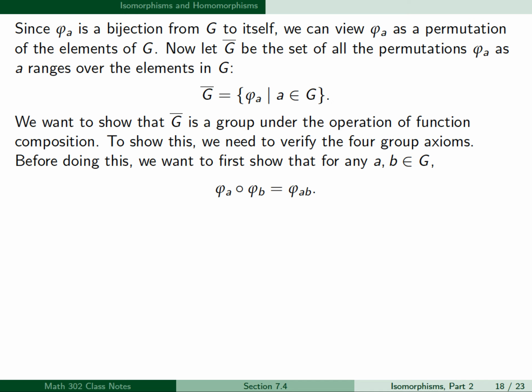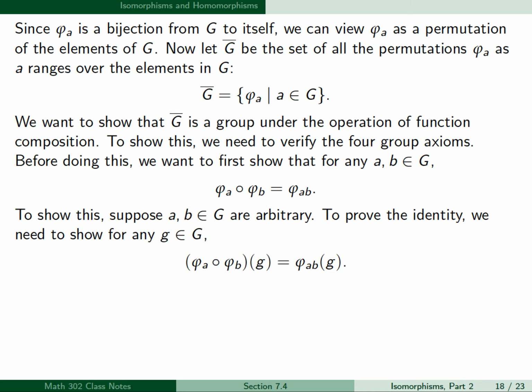Well, before doing this, we want to first show that for any a and b in G, phi sub A composed with phi sub B is equal to phi sub AB. So this is an identity for these bijections. To show this, let's suppose that a and b in G are arbitrary. And to prove the identity, we need to show that for any g in G, phi sub A composed with phi sub B of g is equal to phi sub AB of g.